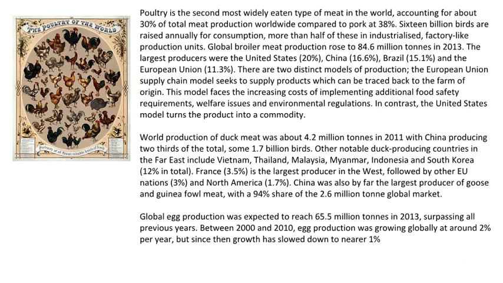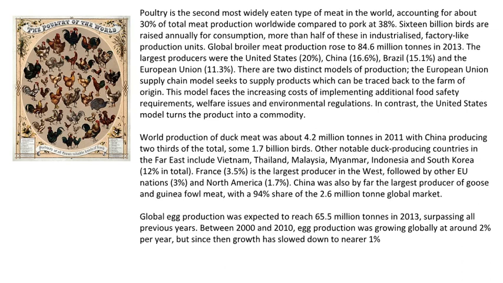World production of duck meat was about 4.2 million tons in 2011, with China producing two-thirds of the total, some 1.7 billion birds. Other notable duck-producing countries in the Far East include Vietnam, Thailand, Malaysia, Myanmar, Indonesia and South Korea, 12% in total.